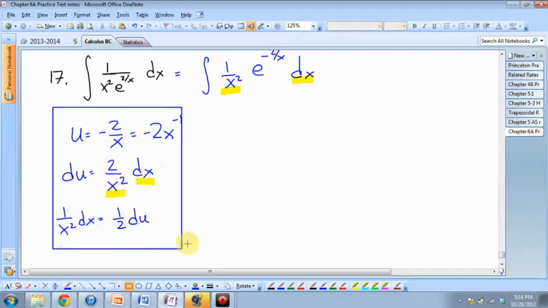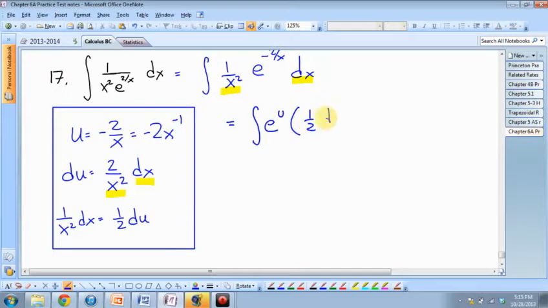Ready to box it up here. Okay, so that's equal to the integral of e to the u times 1/2 du, which is 1/2 the antiderivative of e to the u du.